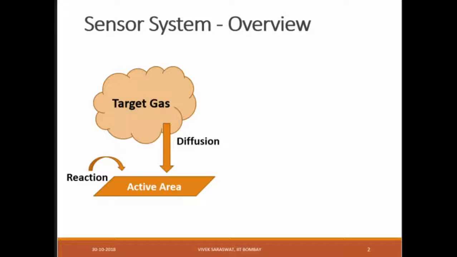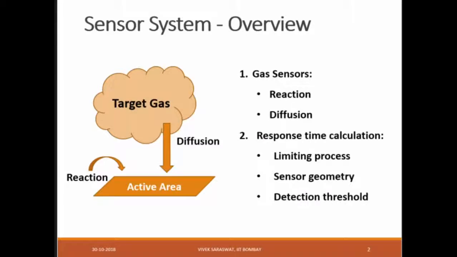To calculate the response time of any such system, we need an idea of which of these processes is the limiting process in the detection, how the sensor geometry affects these processes, the diffusion dimensionality and all, and what the detection threshold is, that is, the minimum amount of adsorption or reaction you require on this surface for a measurable response. The idea of these things helps us to calculate the response time of such sensors.